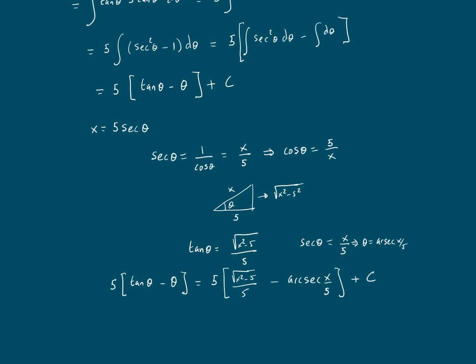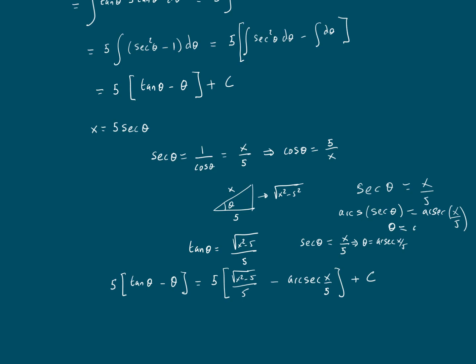So arcsecant of secant of theta is equal to arcsecant of x divided by 5. But arcsecant of secant of theta is theta.